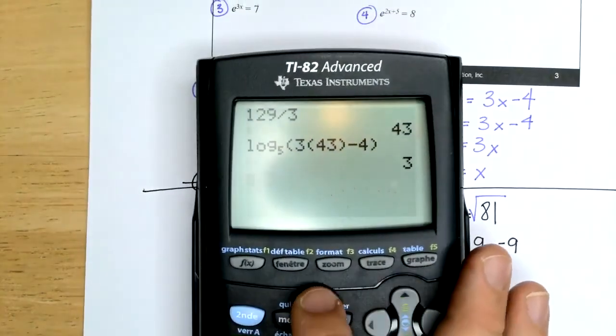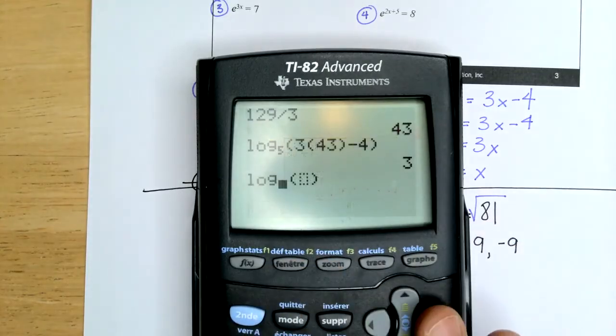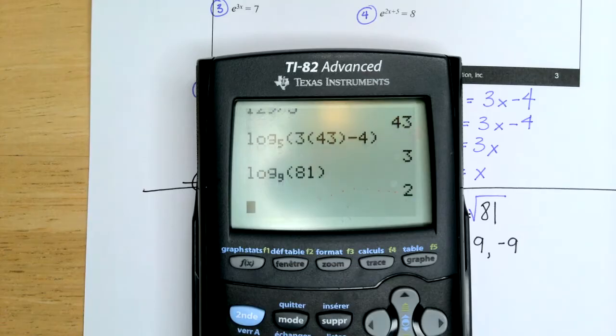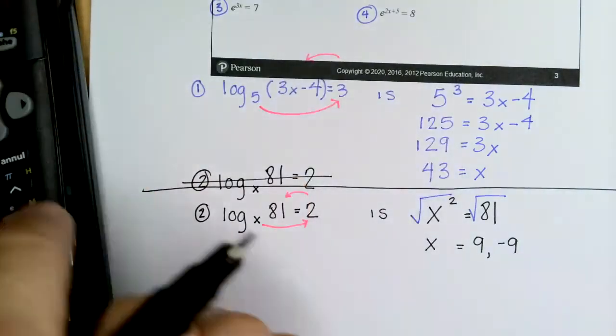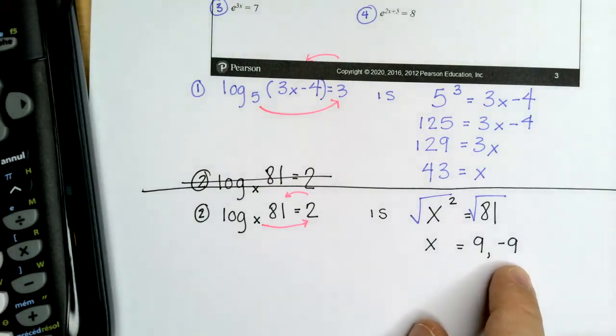So the log base 9 of 81 is 2. And if we think about it, negative 9 should work, right?